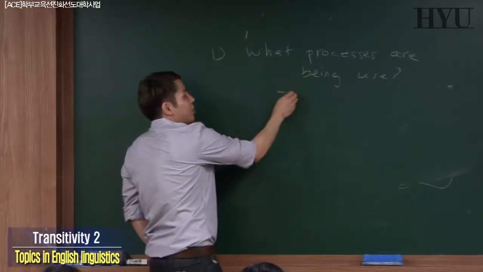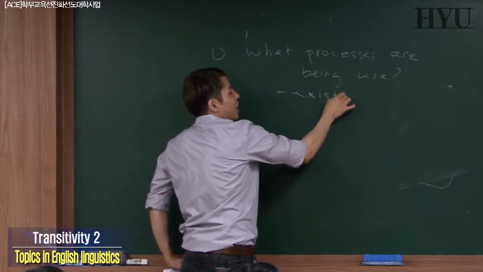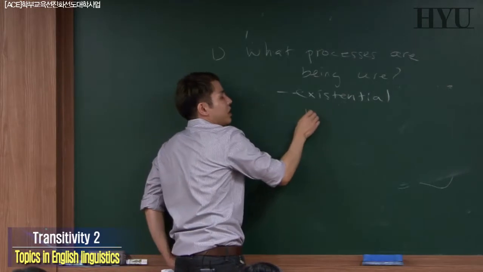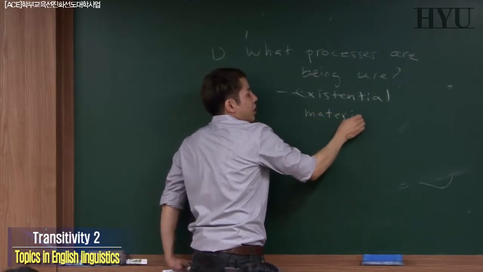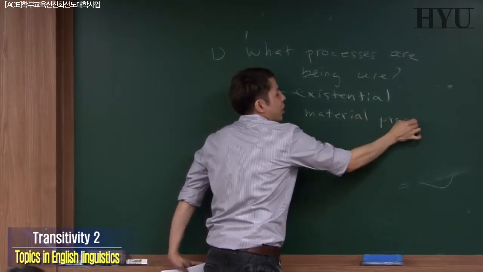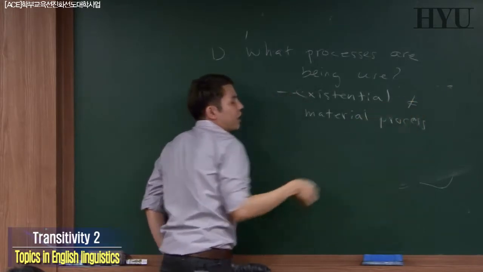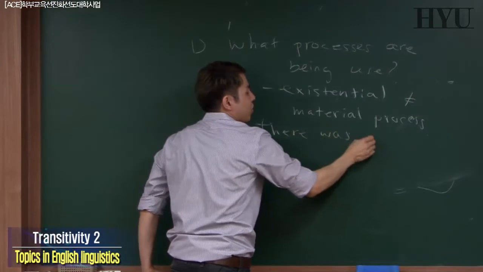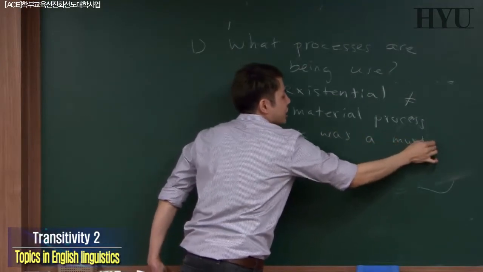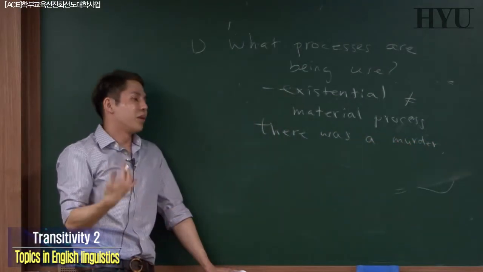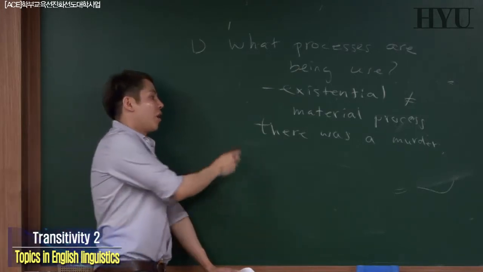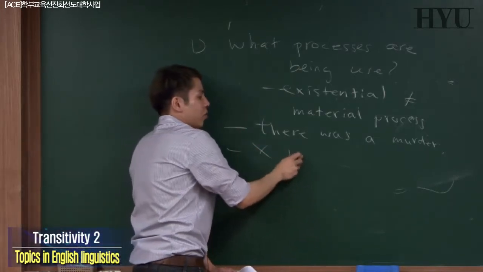Sometimes you can choose the existential process in favor of the material process. For example, if you say there was a murder, it's just like the murder just happened by itself, right?